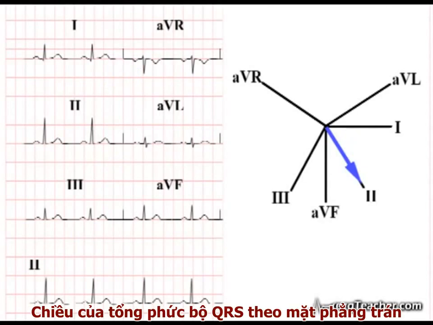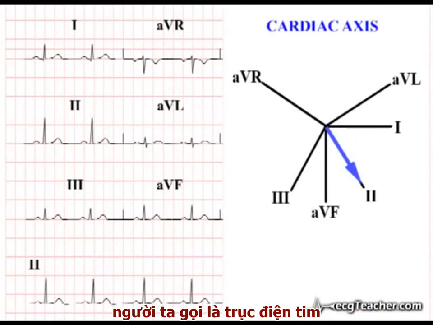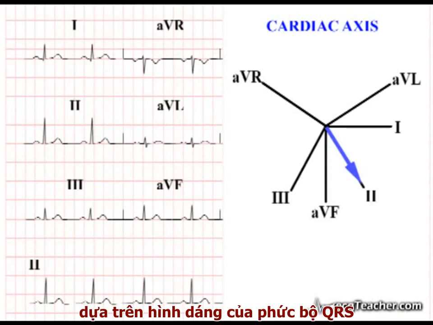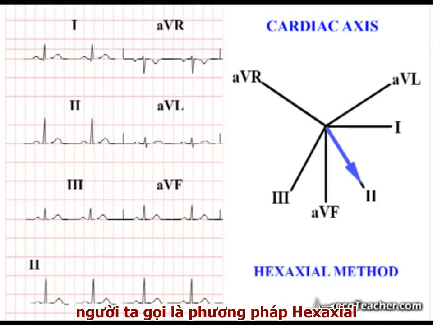The direction of the total frontal QRS vector is called the cardiac axis, and we've just estimated its position based on the morphology of the QRS complexes in the frontal leads, the so-called hexaxial method.